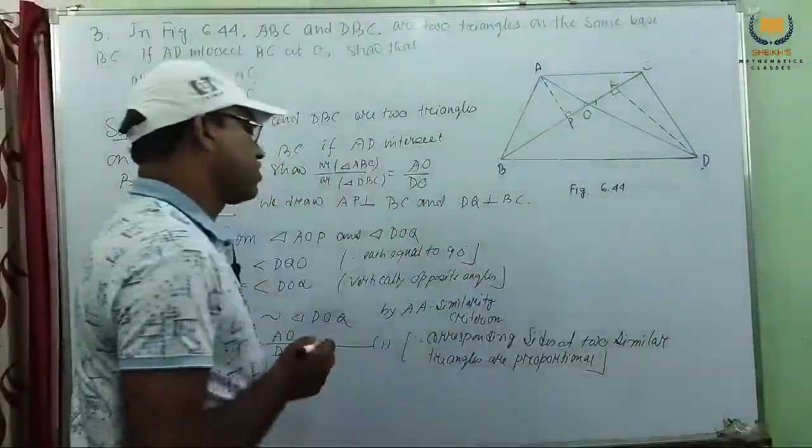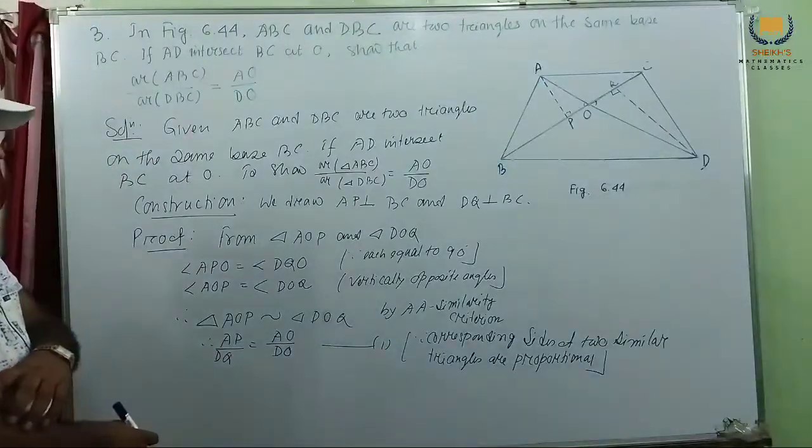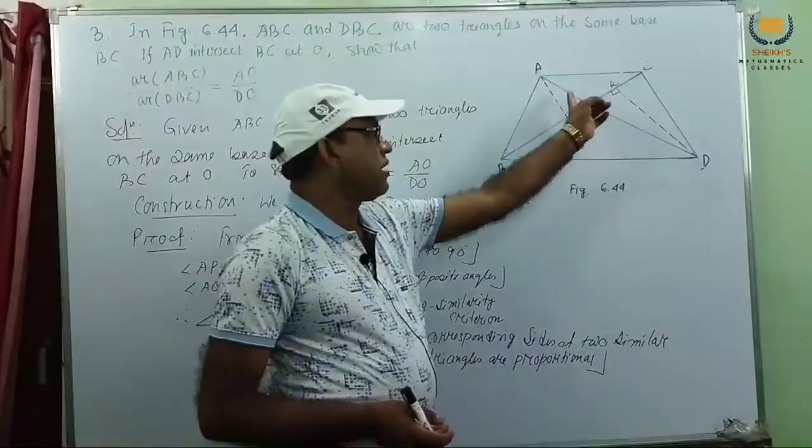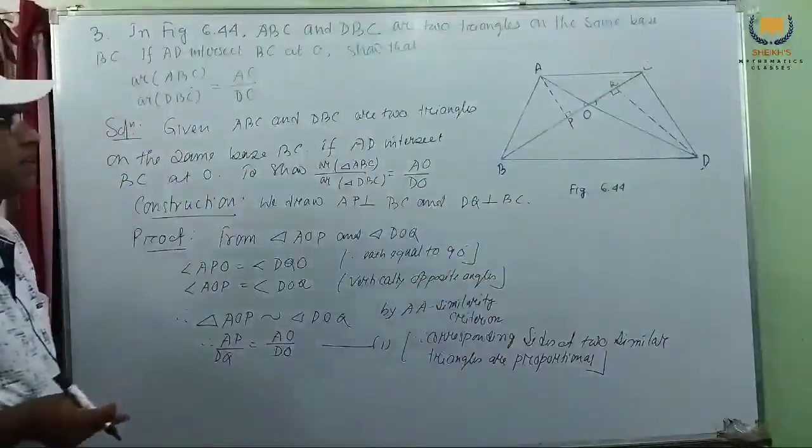We know this condition. So we can write AP by DQ equal to AO by DO. This is number 1.